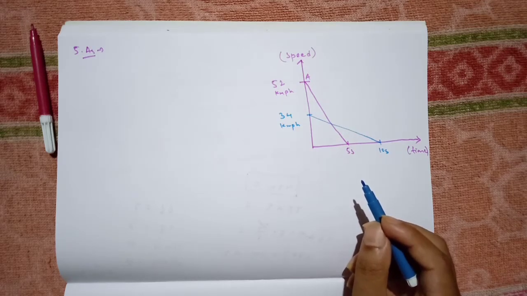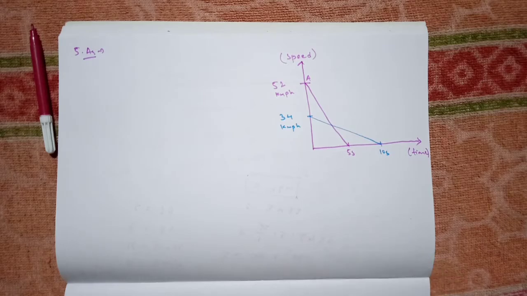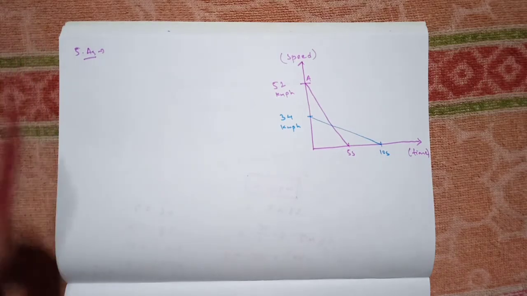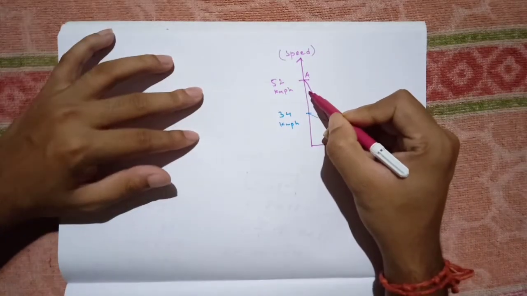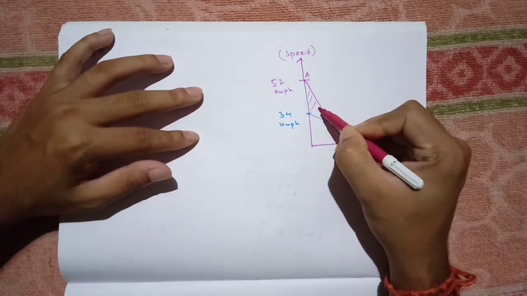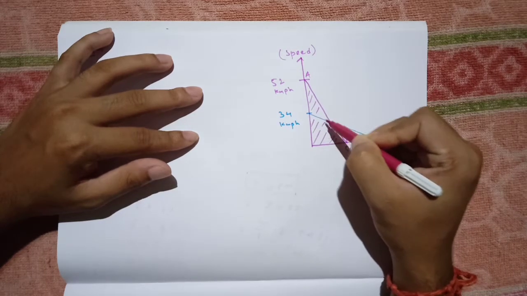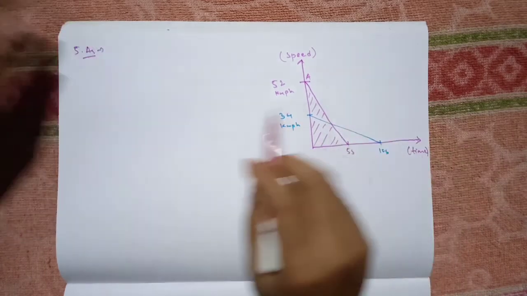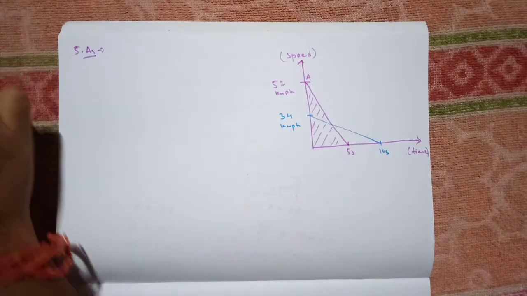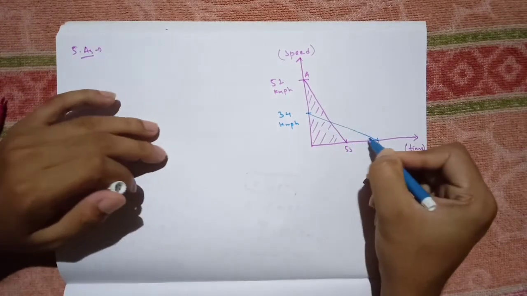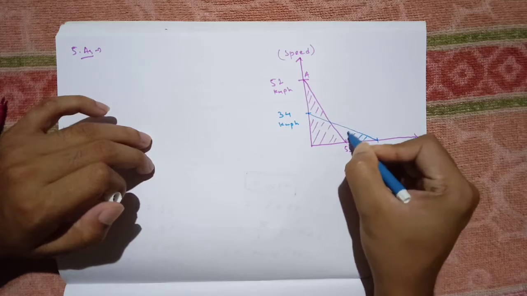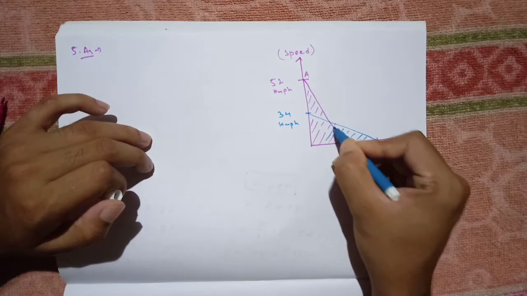So as we know, to find out the distance traveled by any object, we have to find out the area under the curve. So we have to find out the area of this triangle for A, and for B we have to find out the area under this triangle. So let us find out.